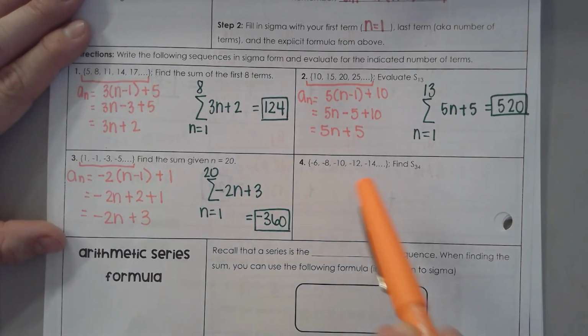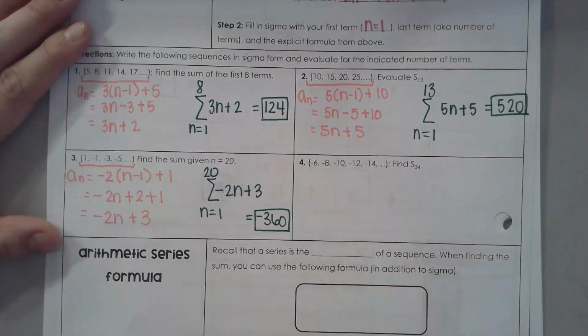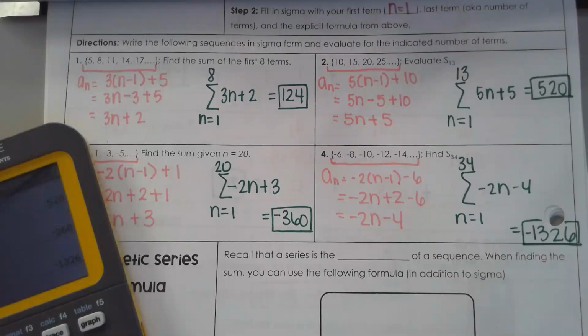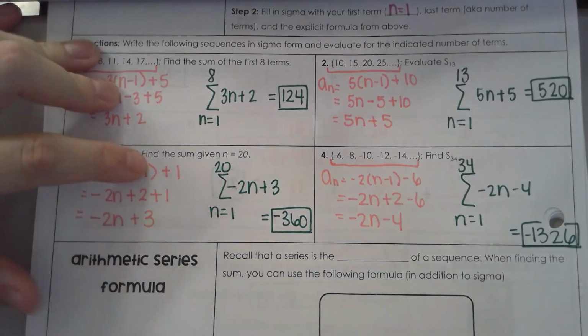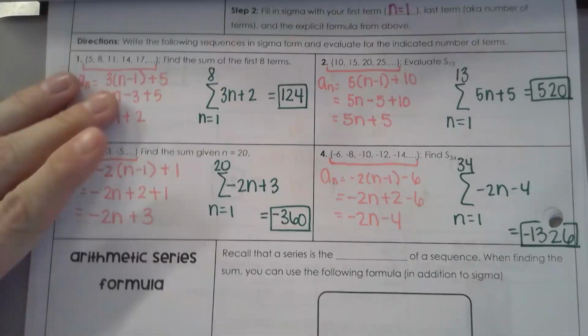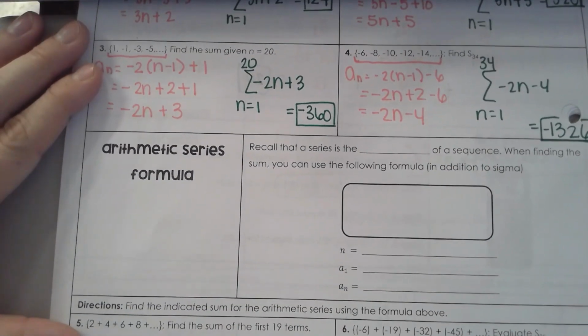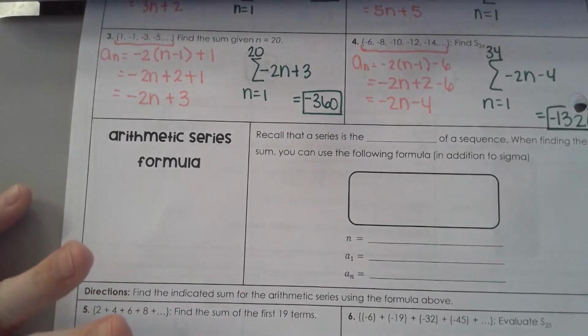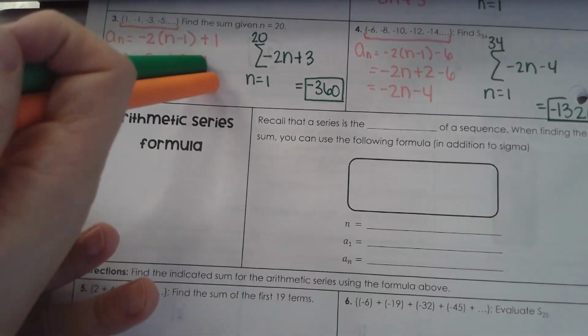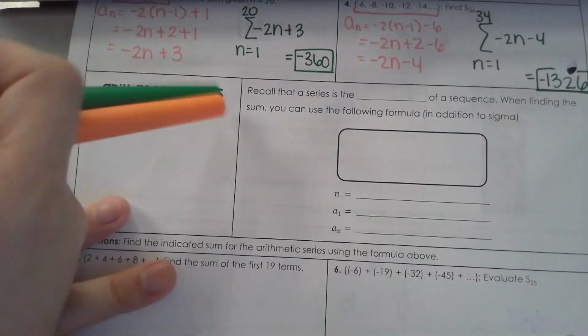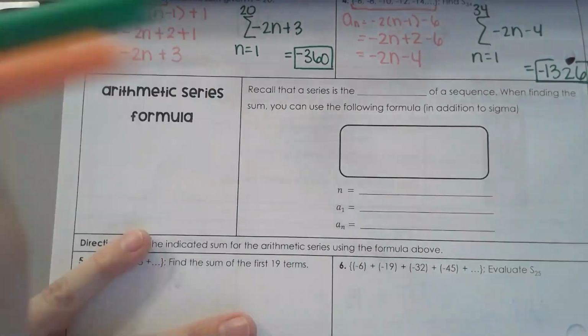If you've not done so already, I want you to go ahead and do number 4 by yourself. So the sum of the first 34 terms is negative 1,326. Now there is another way that you can get the sum, and personally I like sigma better, but there will be times where this formula is necessary.